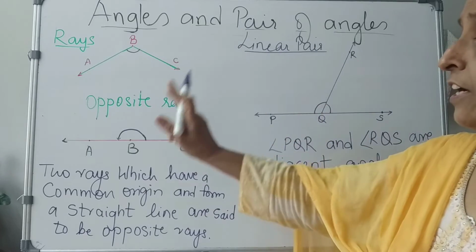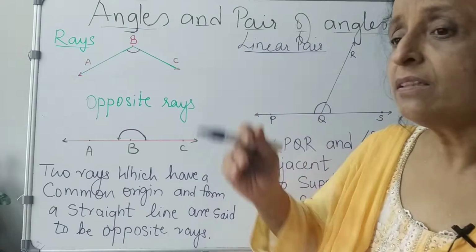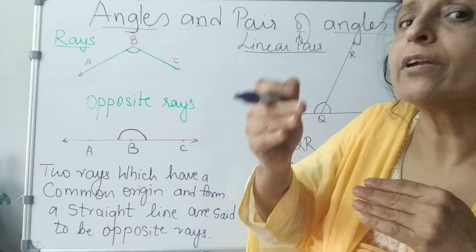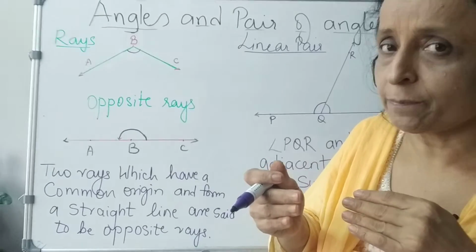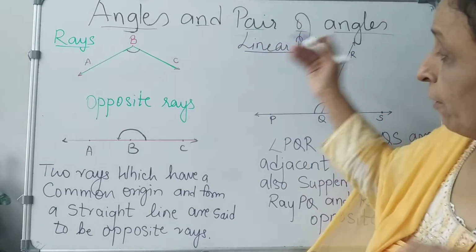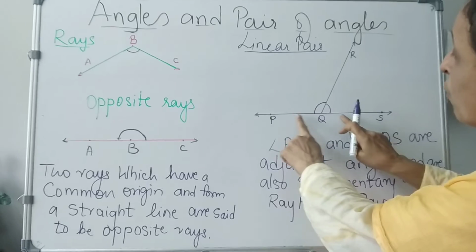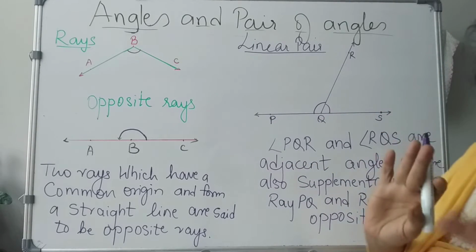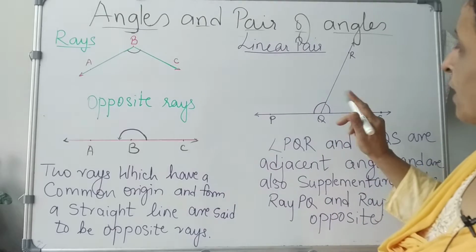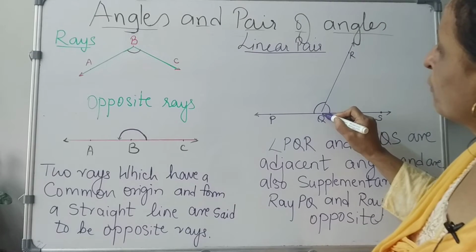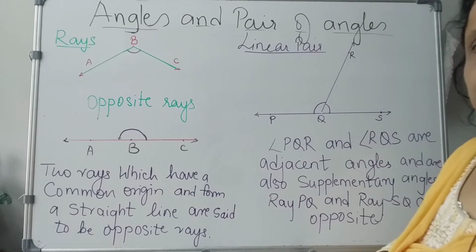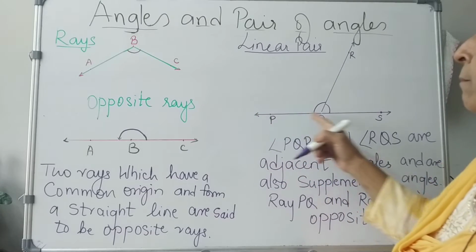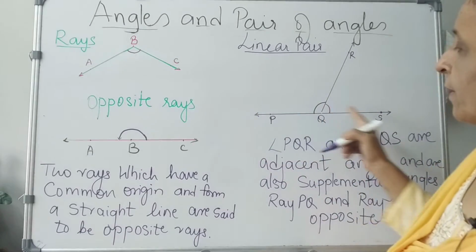Now, one thing you have to understand so that you are able to understand the next part. These two are opposite rays, QP and QS. They have a common point of origin Q. And this PS has now become a line.